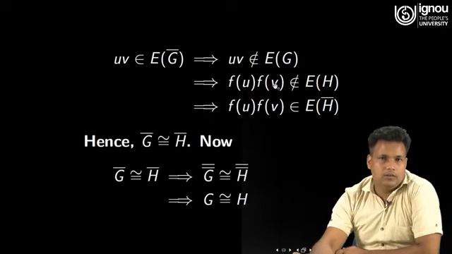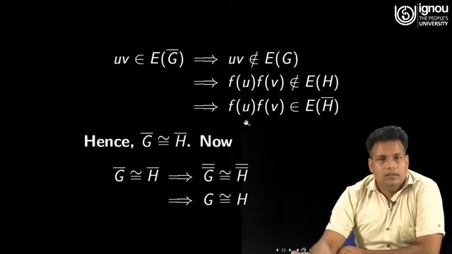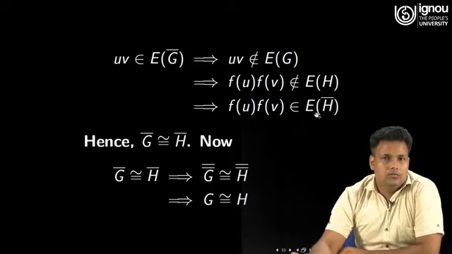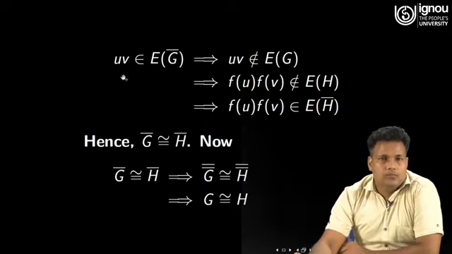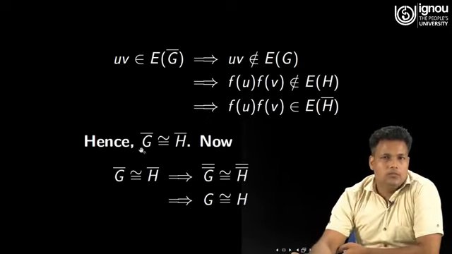Otherwise it will be a contradiction. That is, if uv doesn't belong to E(G), then F(u)F(v) also doesn't belong to E(H), and this means that F(u)F(v) belongs to E(H bar). So thus we have proved that if you take any edge in G bar, then its image is also an edge in H bar, that is, G bar is isomorphic to H bar.